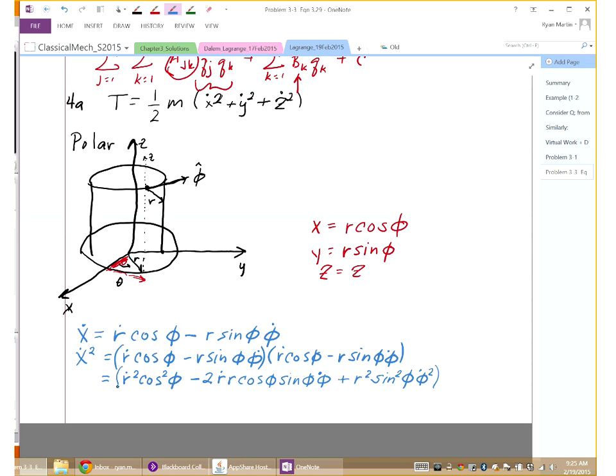Now, in polar coordinates, it's not too difficult to keep track of this, but I can tell you in spherical, which we're going to do next, it is.